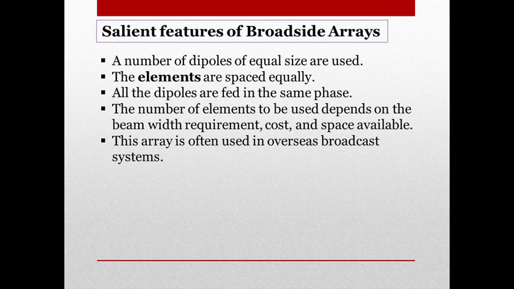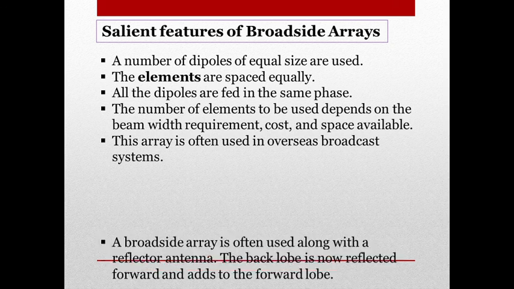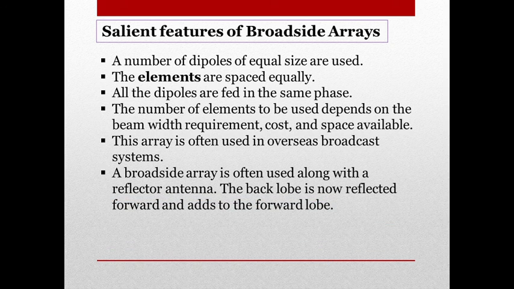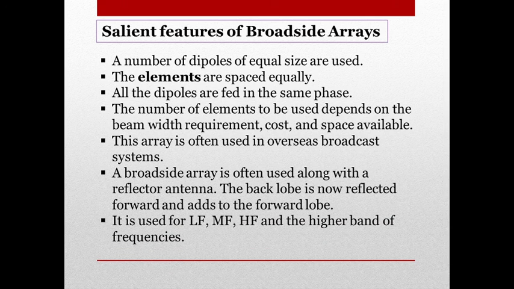This array is often used in overseas broadcast systems. A broadside array is often used along with a reflector antenna. The back lobe is then reflected forward and adds to the forward lobe. And lastly, it is used for low frequencies, medium frequencies, high frequencies, and the higher bands of frequencies.